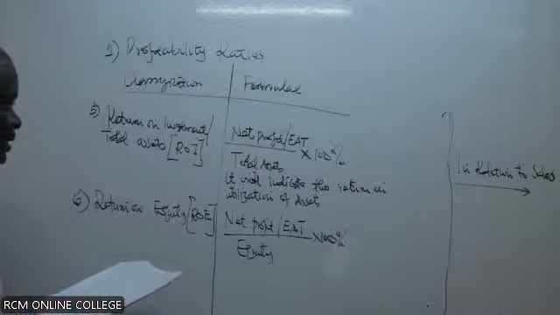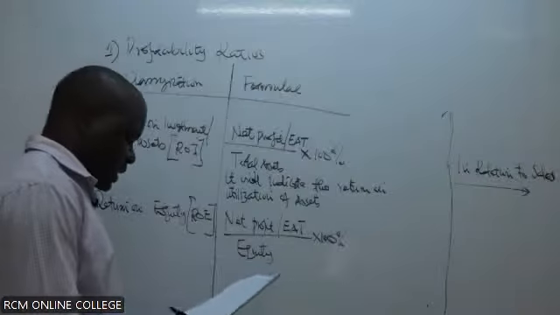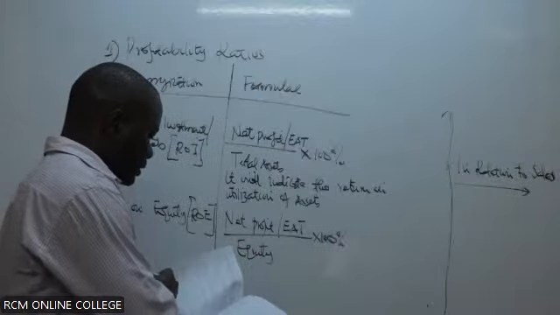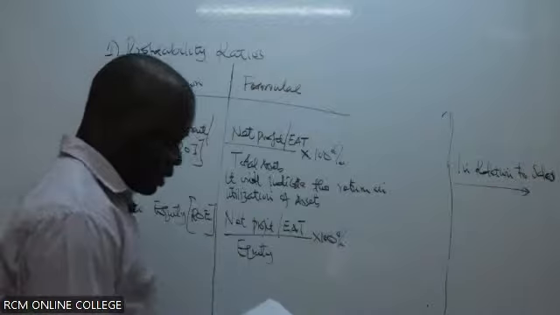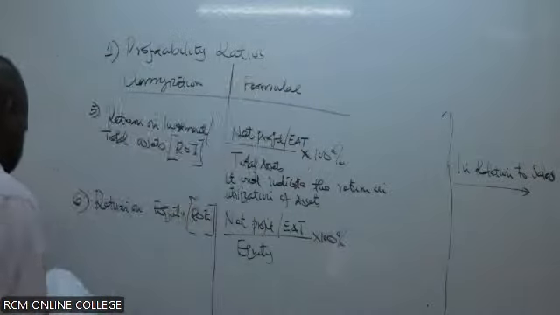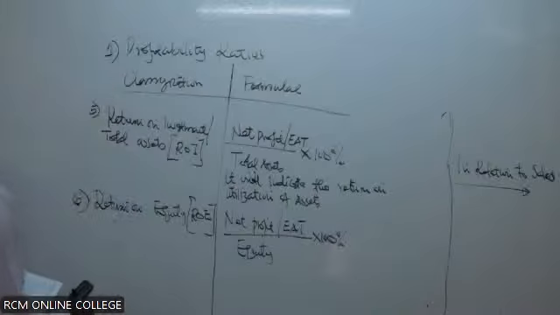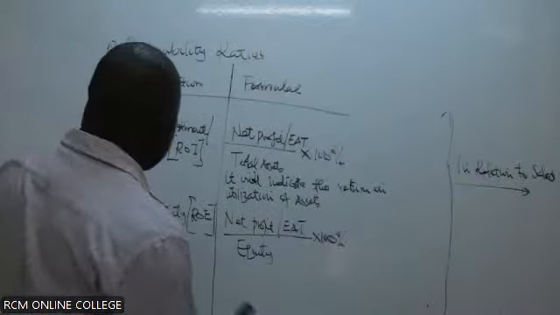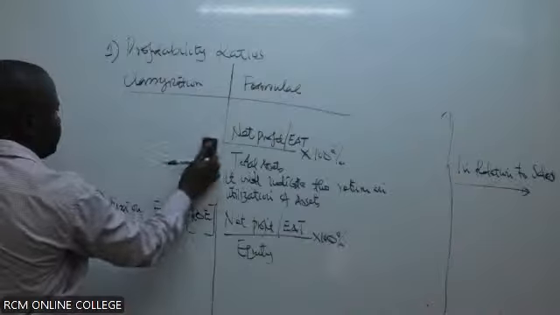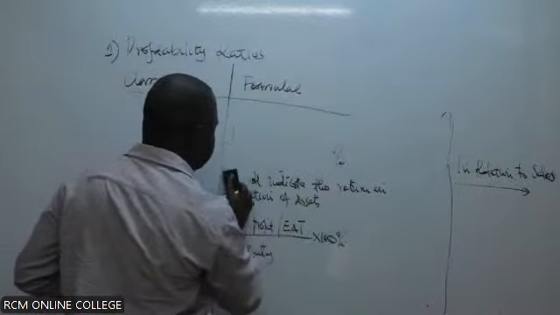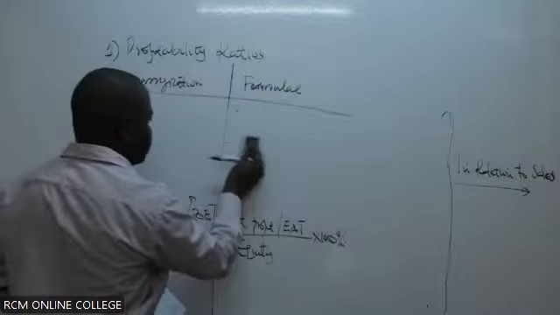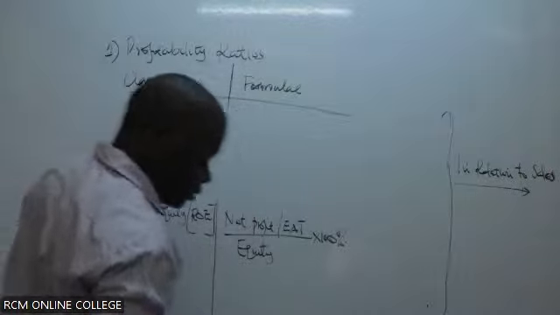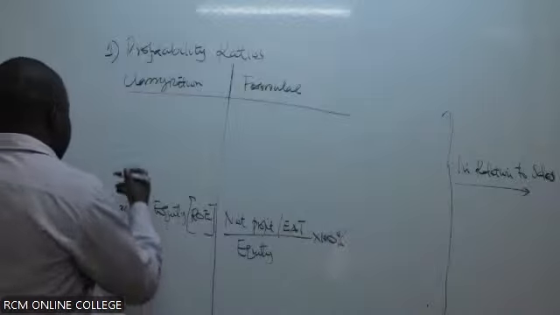Return on net assets, you can look at the last one there. So that is number 7.